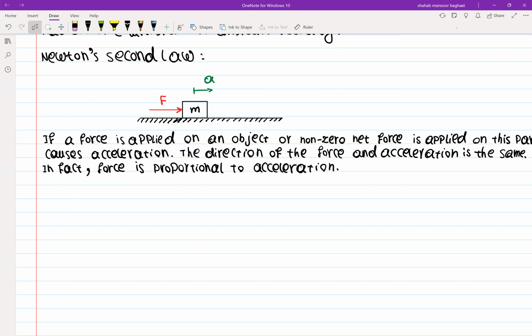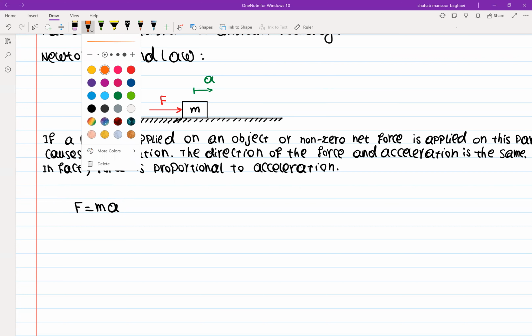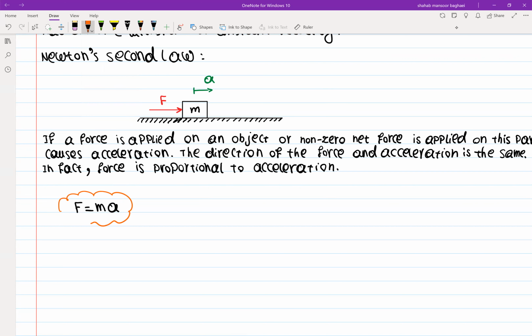In other words, he discovered this equation, F equal to ma. Very important. And I want to talk about this equation. It is called Newton's second law.